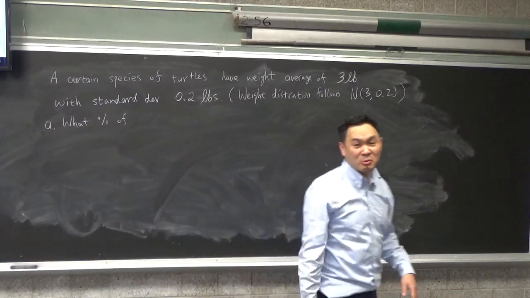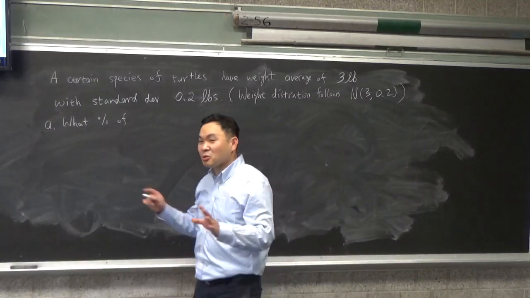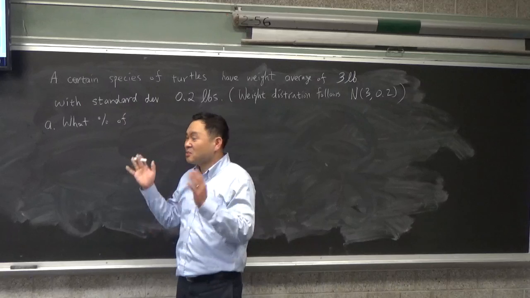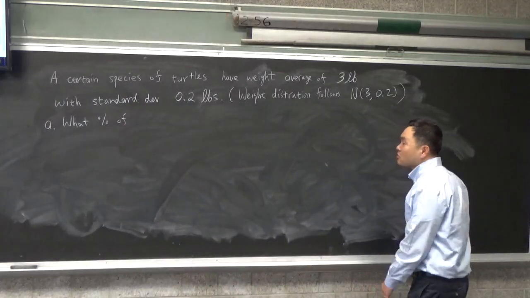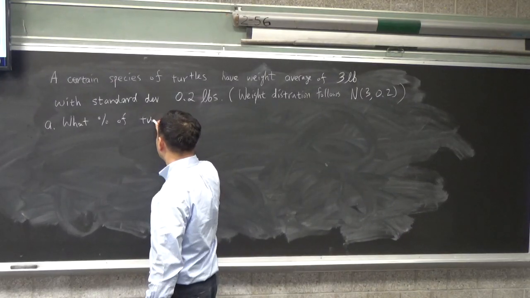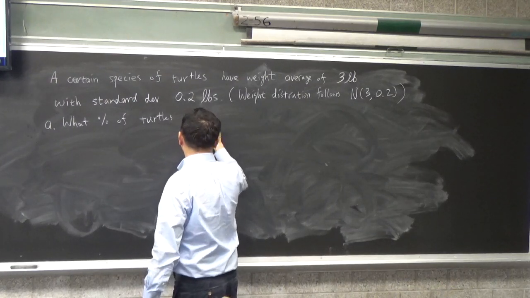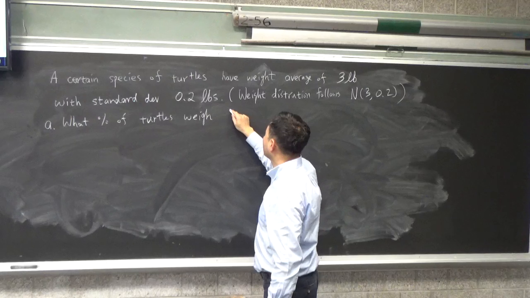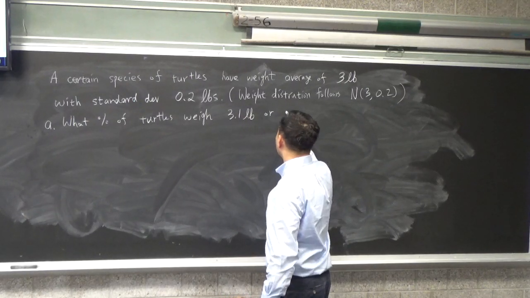These are normally distributed. If it's not exactly normally distributed, it might be skewed a little bit. You might have some outliers, but still normally distributed does a good job. Okay, so what percentage of turtles weigh 3.1 pounds or more?